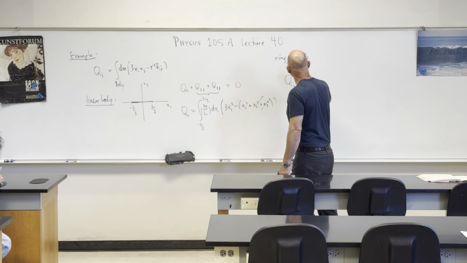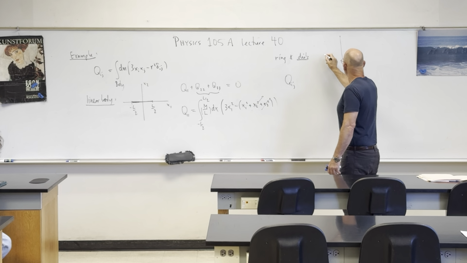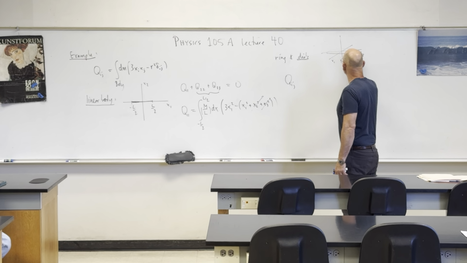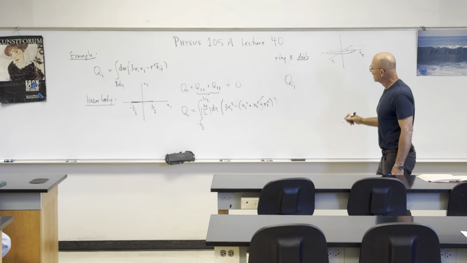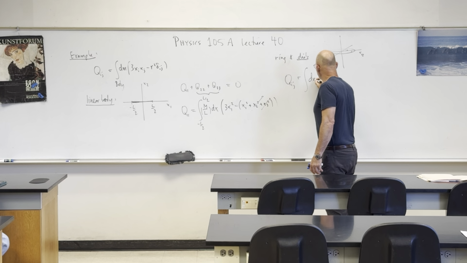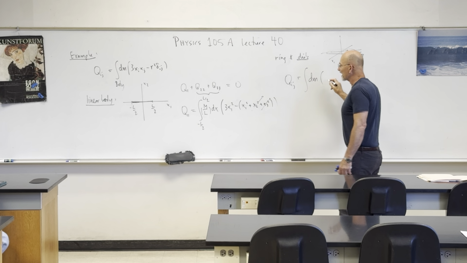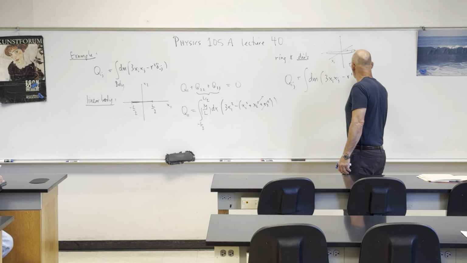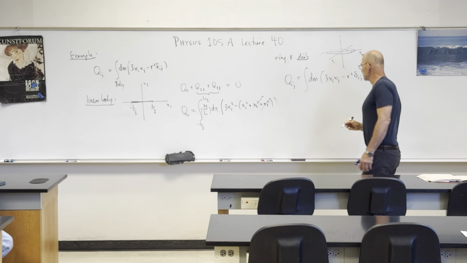We're going to put the disk here, in the X1, X2 plane. Okay. And then again, we'll always just start with the dm. I'll just write this 3 x_i x_j minus r squared delta_ij, which we'll fill in later.